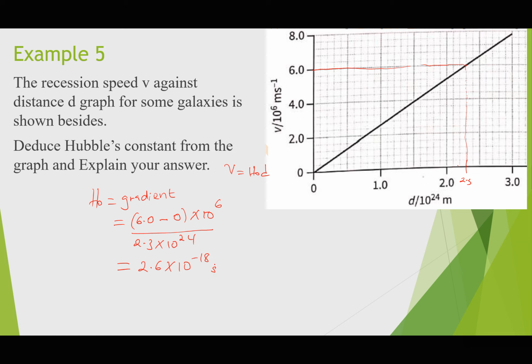Of course, this is per second, because we have meters per second divided by meters. So every time you calculate Hubble's constant, the power of 10 is going to be approximately minus 18.